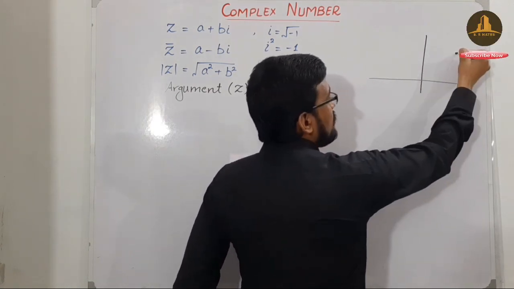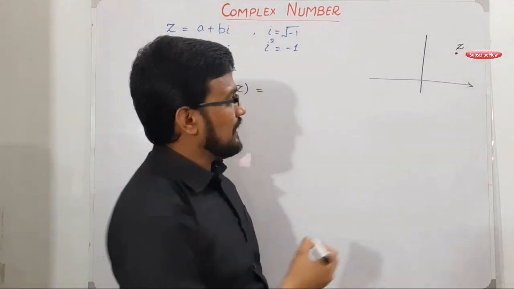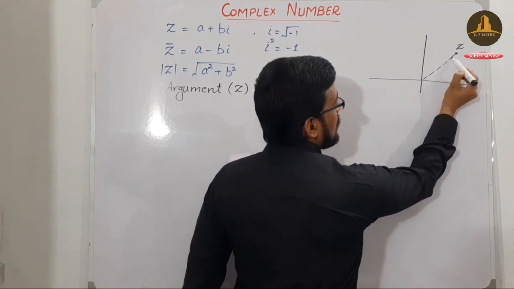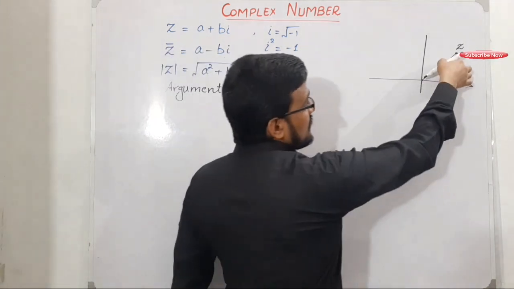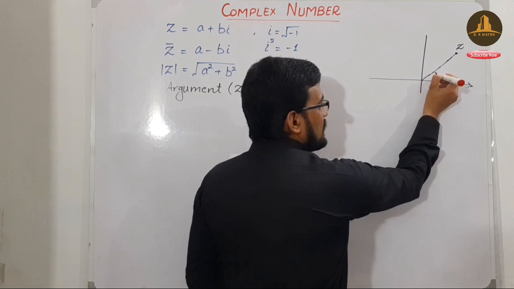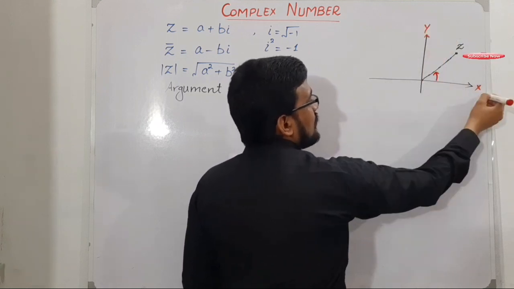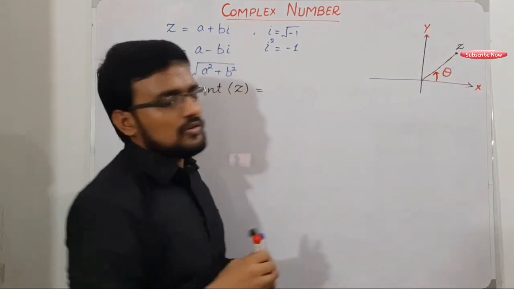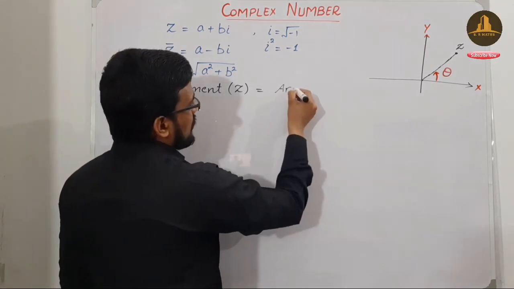Here, if this is a complex point Z, and this line makes an angle with the x-axis, this is called the argument of a complex number, and the short form is ARG.